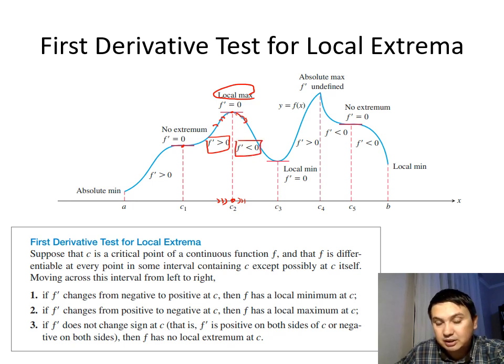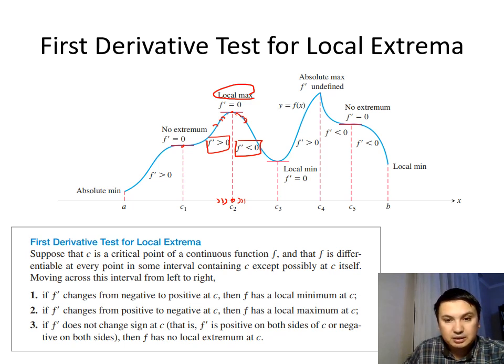Decreasing means the function has a negative derivative, right? So what can we say? How can we make it into a theorem? Well, you find the critical point, and if on the left it's positive, and on the right it's negative, then it's a local maximum, right?